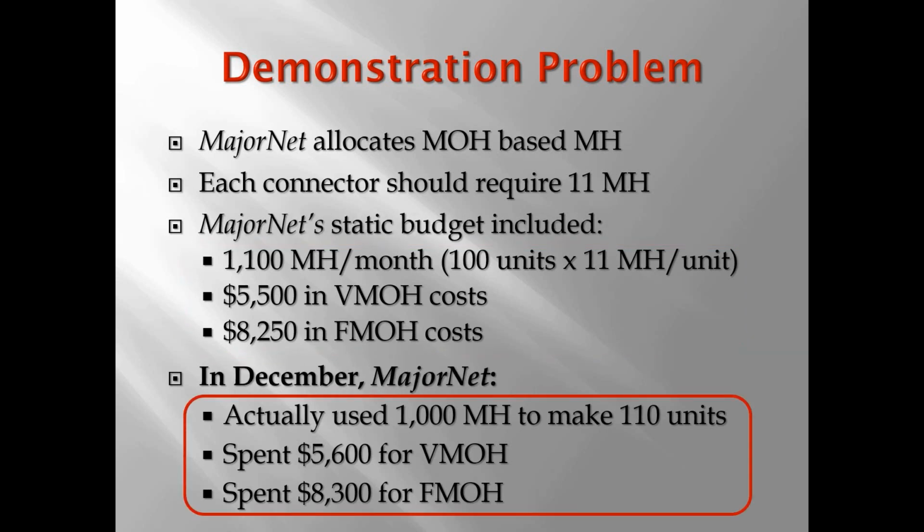During December, the firm actually used 1,000 machine hours to make 110 units, and we're told how much they actually spent for variable manufacturing overhead and fixed manufacturing overhead.